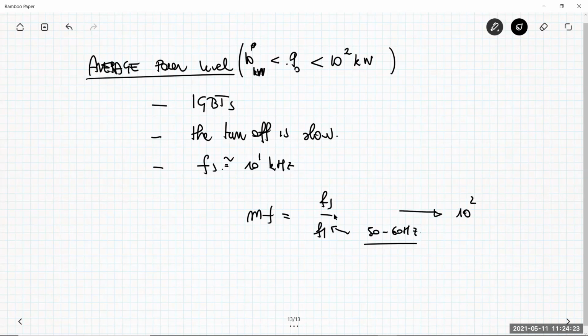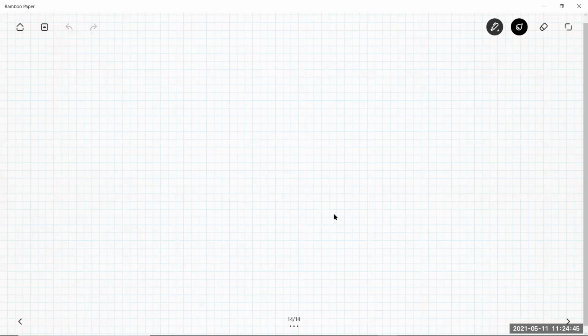That can be 100, it can be 200, something like this. So as you can see here, the situation is a little bit easier for filtering out these high order harmonics, because now the separation between F1, which is the frequency you want to get at the output, and the switching frequency is something that can be managed by low pass filtering.